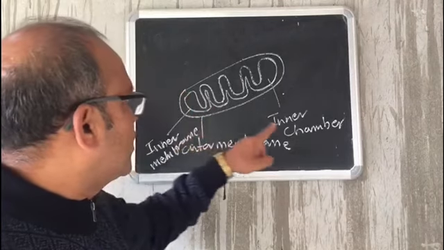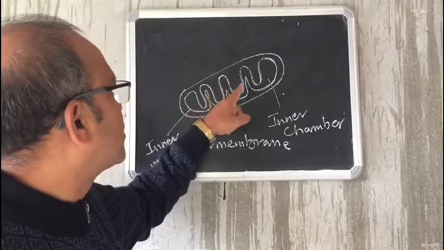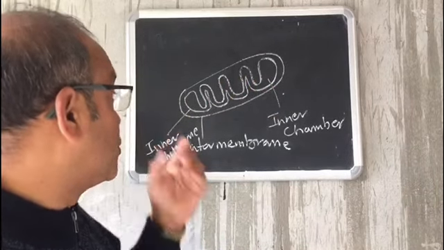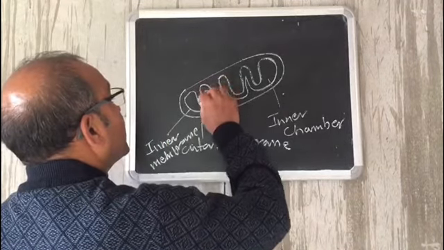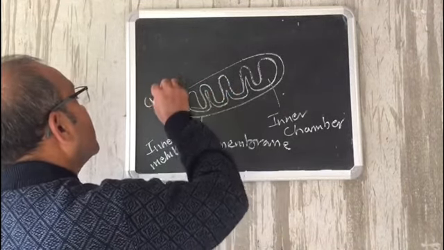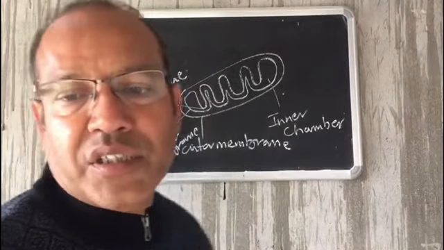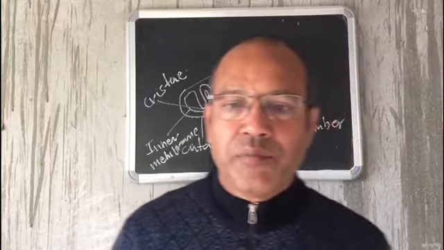The inner membrane is thrown out into folds like this, which partially divide the inner chamber into a number of compartments. These folds are called the cristae. And on these cristae, we find fine particles called the mitochondrial particles.